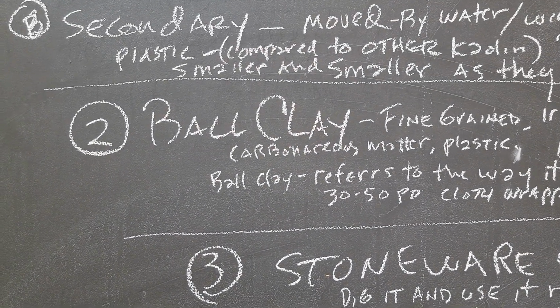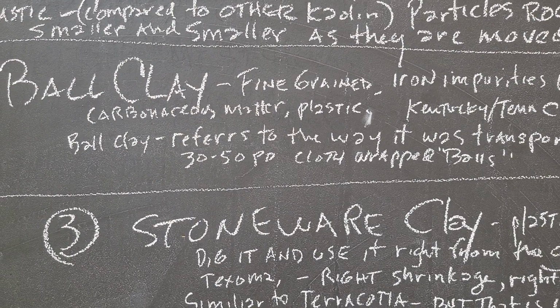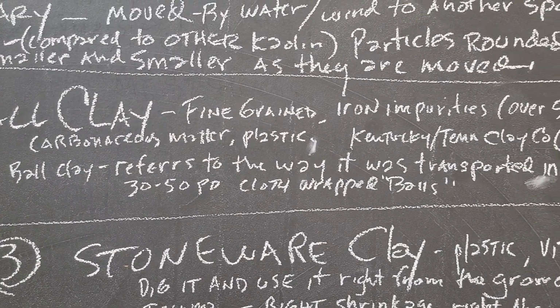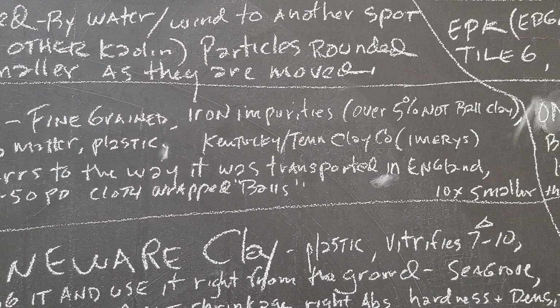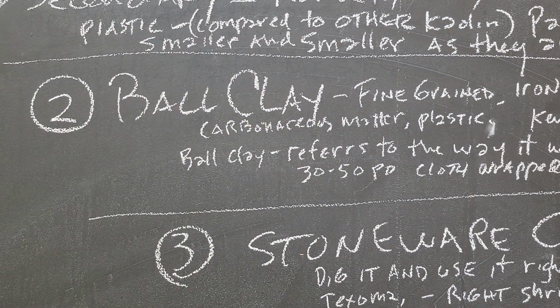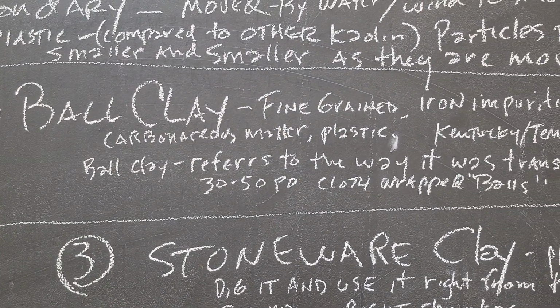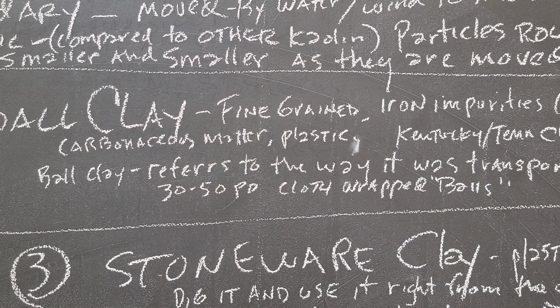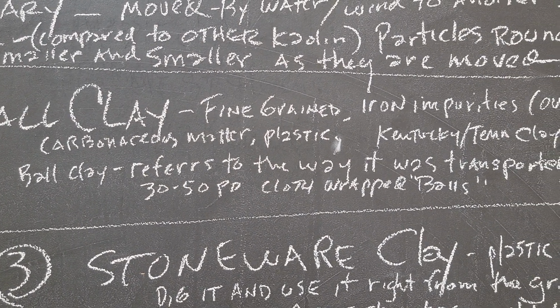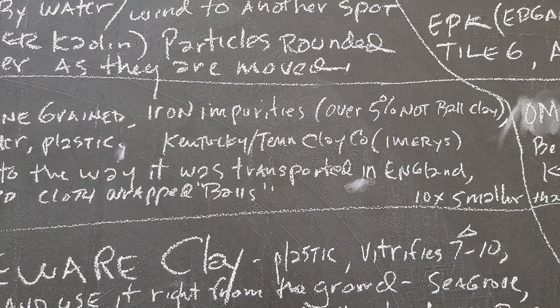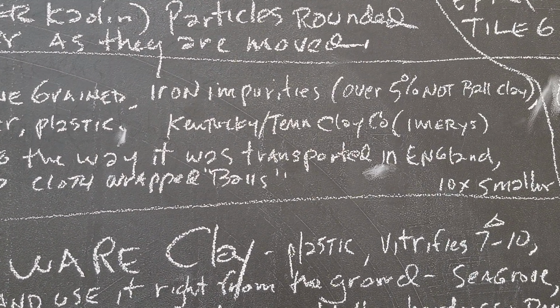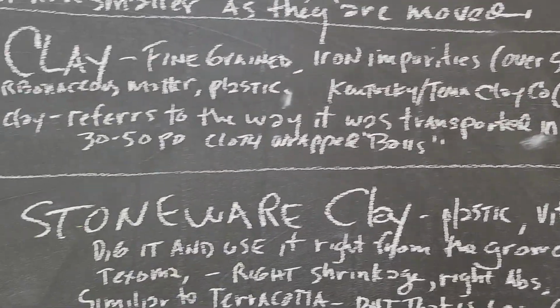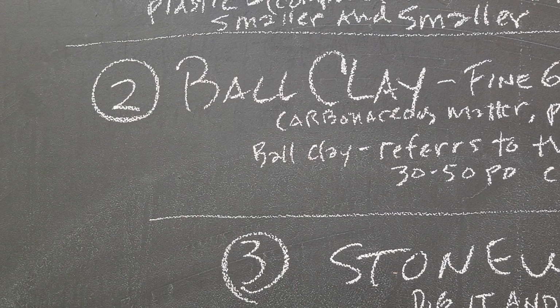All right, so ball clays are fine-grained clays with iron impurities. If it's over 5%, it's not a ball clay. There's a lot of carbonaceous matter. They're very plastic. Kentucky and Tennessee is an area where you get it. That's a company, even a ball clay company, owned by Imerys now.